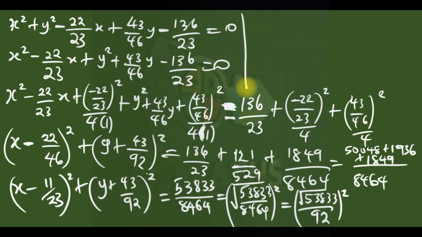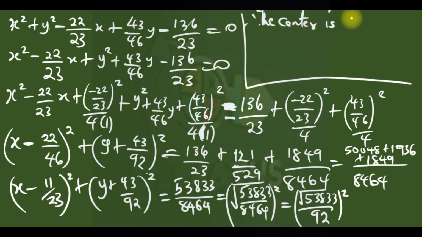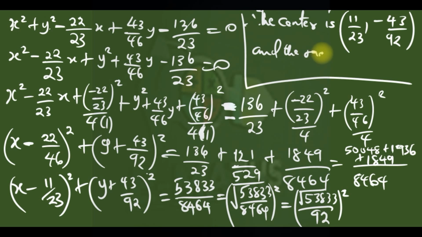So we can easily see that the center is 11 over 23 comma minus 43 over 92, and the radius is the square root of 53833 over 92. So that's our radius.